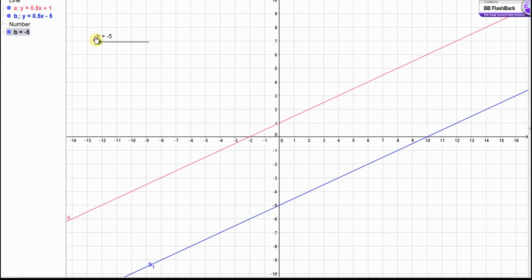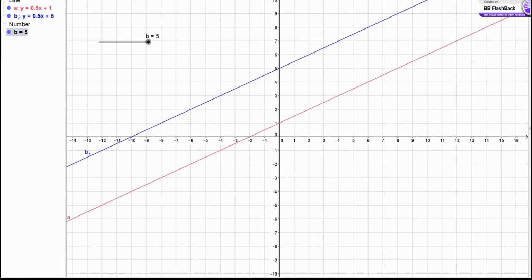So I made this slider, and I can ask you, what's the point of intersection of these 2 lines? Well, there is no point of intersection, and we talked about the slope. You can see here that the slope is the same. Therefore, they're parallel. Therefore, they never intersect.